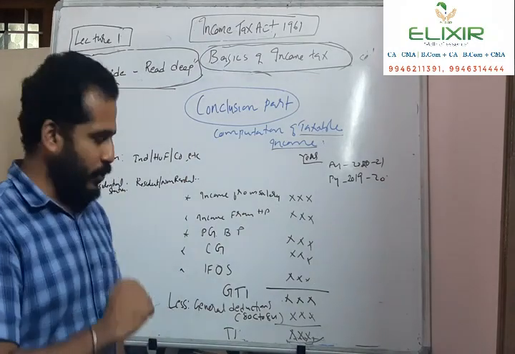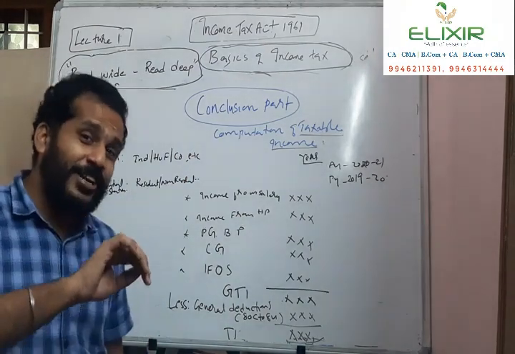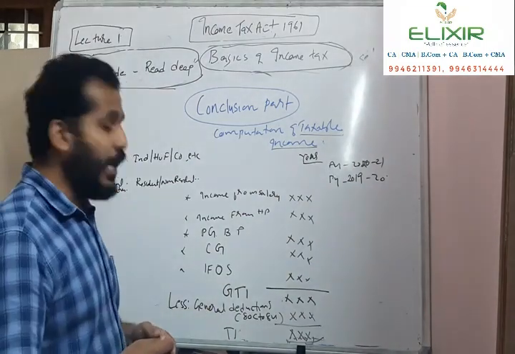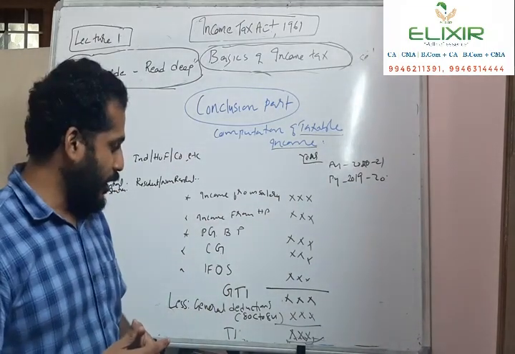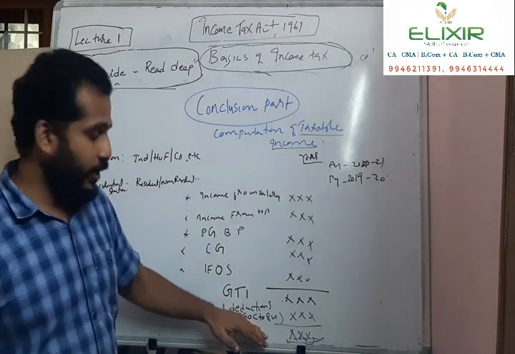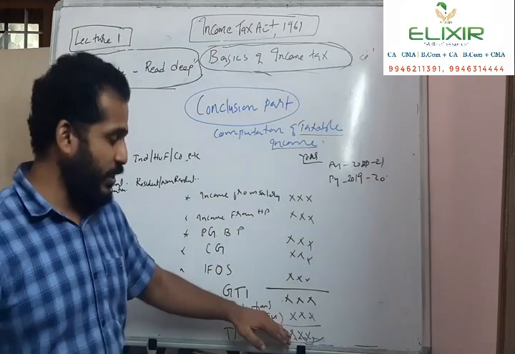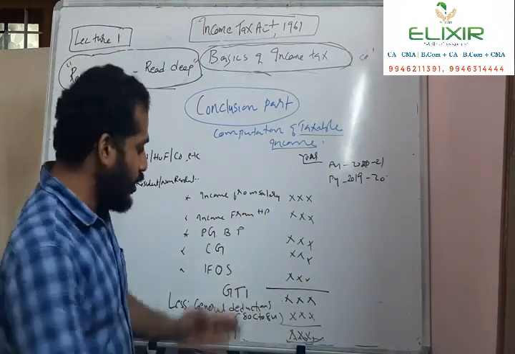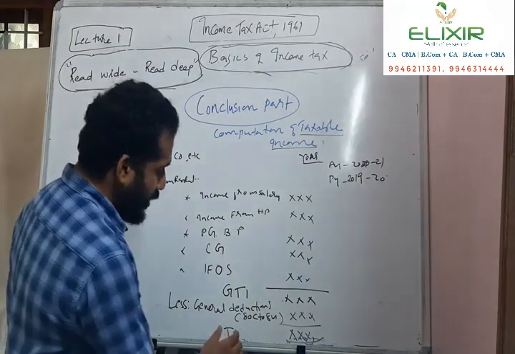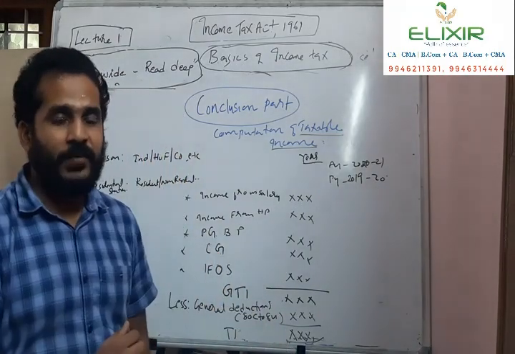After calculating gross total income, apply the general deductions based on investment, a classical example being the LIC premium paid on life insurance. These general deductions are specified under section 80C to 80U. Deduct them, and you will arrive at the taxable income.